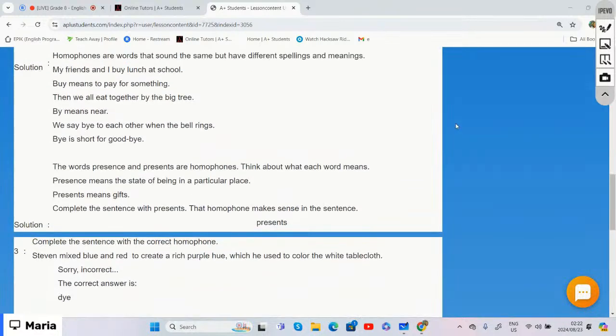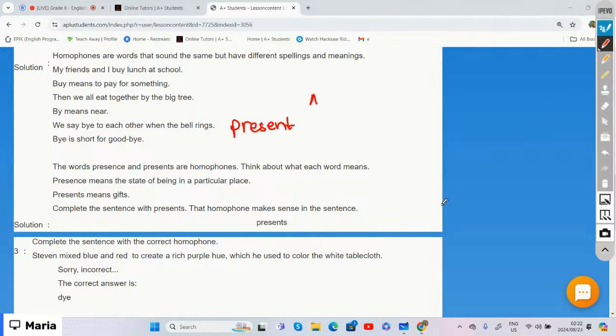All right, and the homophones are present, right? And another word is presence. So present and presence.